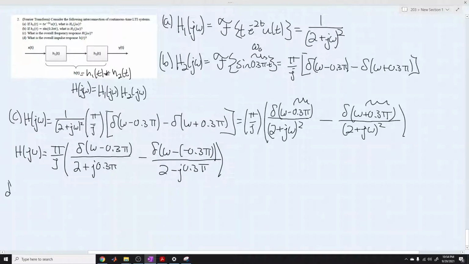Now for part D, we want to know the overall impulse response. Now we just got to go from the Fourier domain back into the time domain, and again, just use your tables. And actually, let's expand this a little bit.